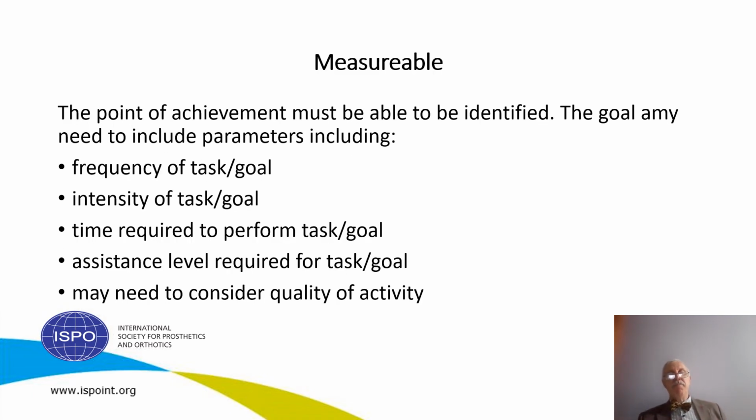Then they need to be measurable. The point of achievement must be able to be identified. The goal may need to include parameters, including the frequency of a task or a goal or a therapy intervention, the intensity, so how long you have to undertake a therapy session or a task, the time required to perform the task, the assistance level required, and the quality of the activity may need to be considered as well.